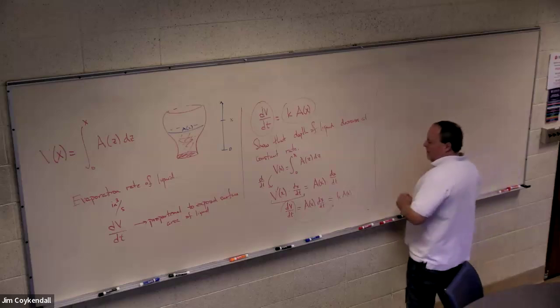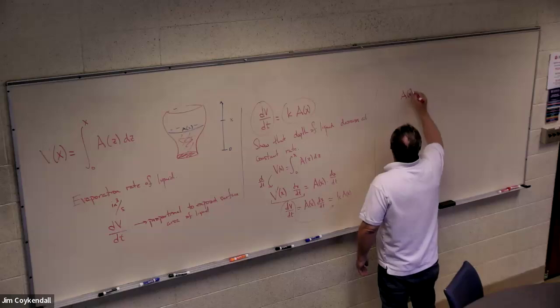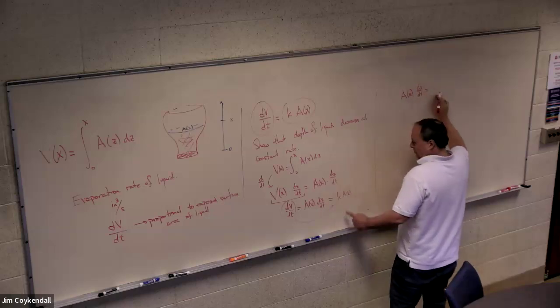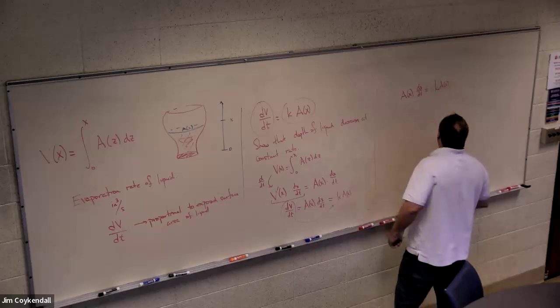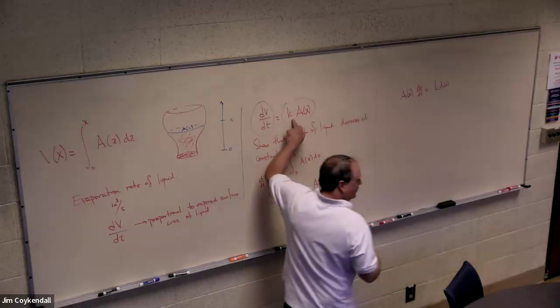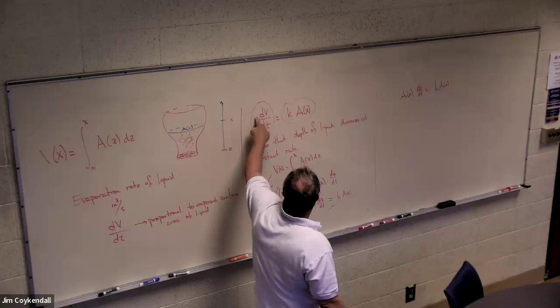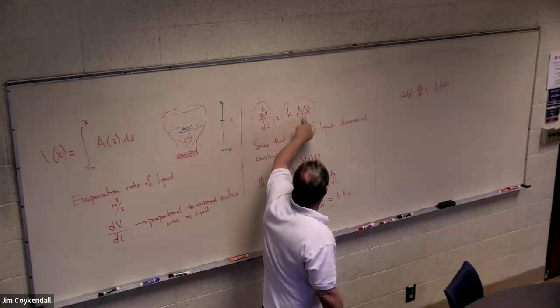So at the end of the day, what I get is A(x) dx/dt is equal to K A(x). And remember, K was just this constant of proportionality, because the problem said the evaporation rate is proportional to the exposed surface.